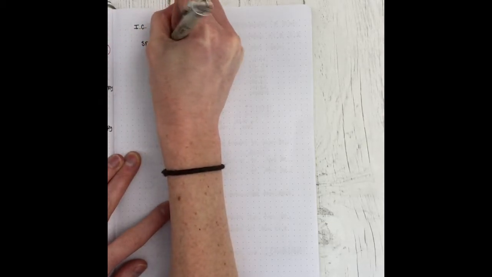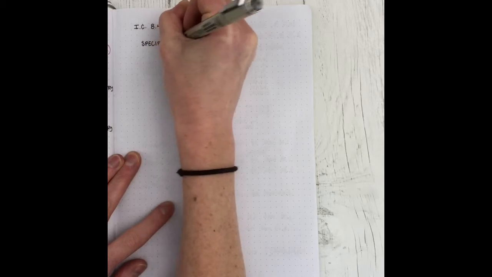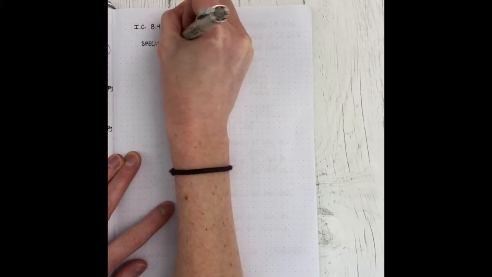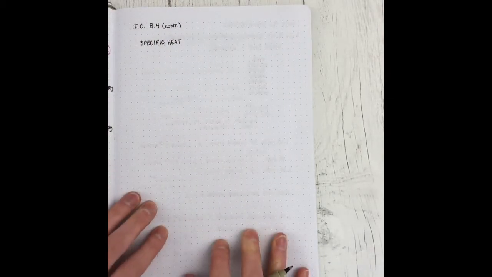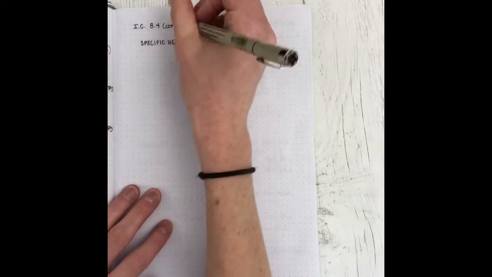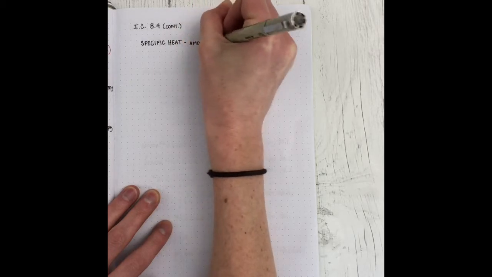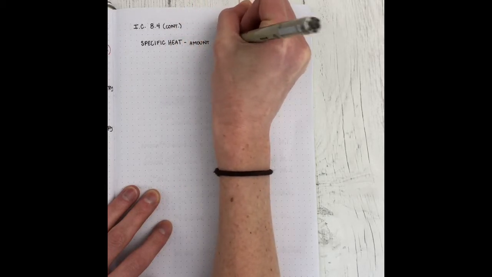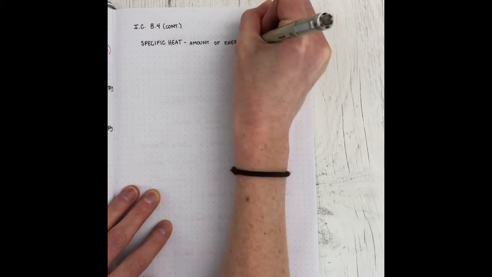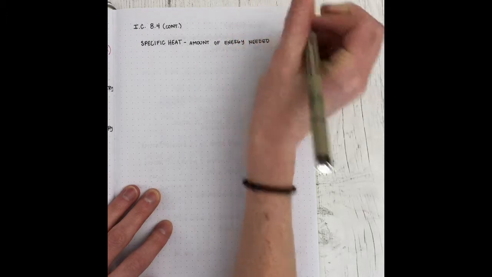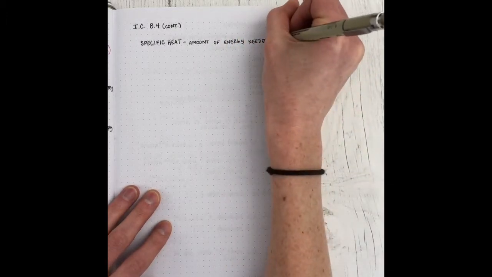So I'm going to start by defining specific heat. And anytime that I think about specific heat, I always picture eating pizza. I'll explain why in a moment. So the definition of specific heat is kind of lengthy. So you'll notice I sped up my writing here because it takes a while to write.